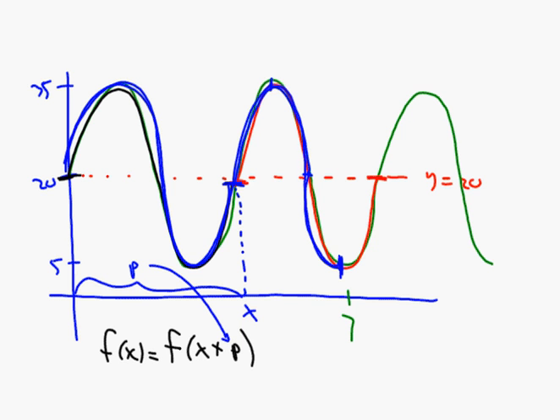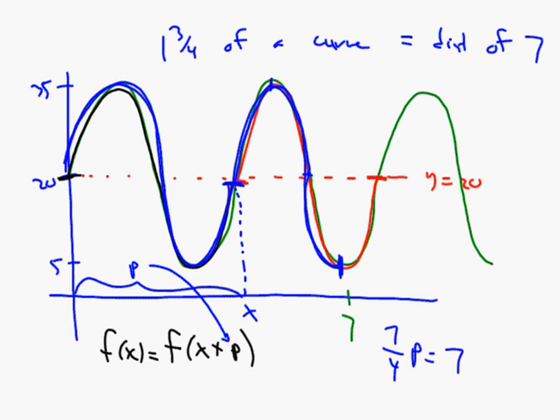So it looks like we have 1 3/4 curves, and that's equal to a distance of 7. So I'm going to say 1 3/4, which I can think of as 7/4, of the period is equal to 7.